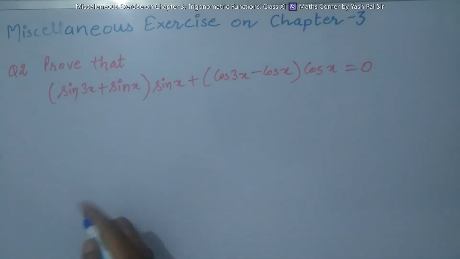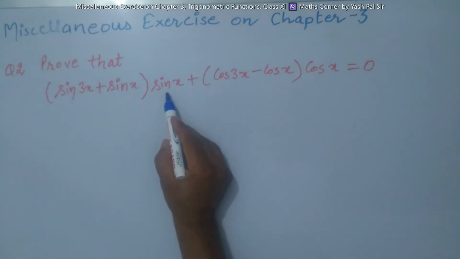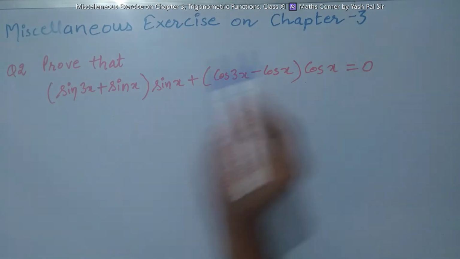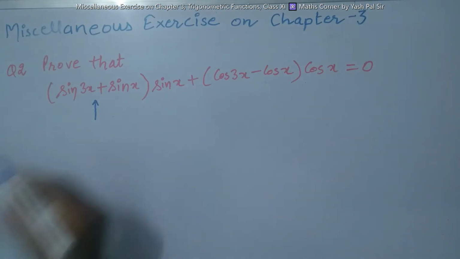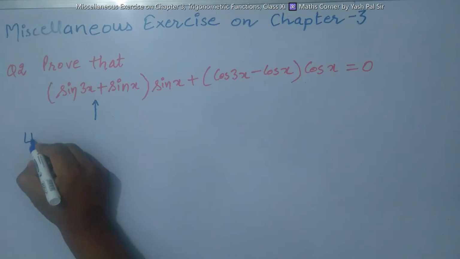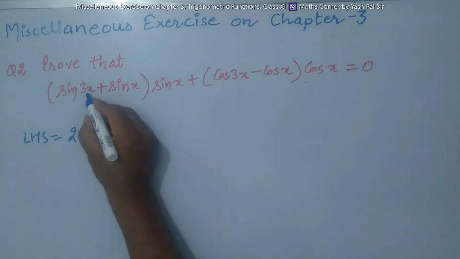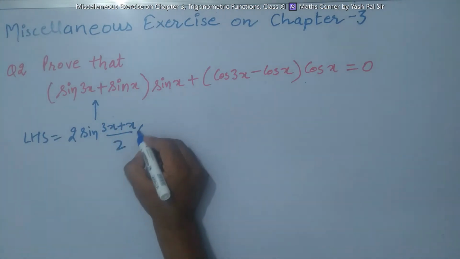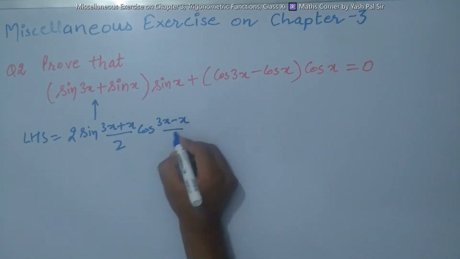Now coming to question number 2: prove that (sin 3x plus sin x) into sin x plus (cos 3x minus cos x) into cos x is equal to 0. So first of all, applying here the CD formula, sin C plus sin D, the left hand side becomes 2 sin (C plus D) 3x plus 1x upon 2 into cos (C minus D) 3x minus 1x upon 2.